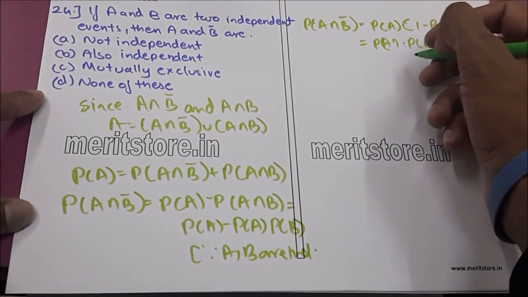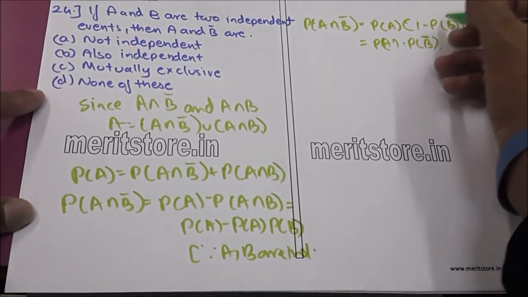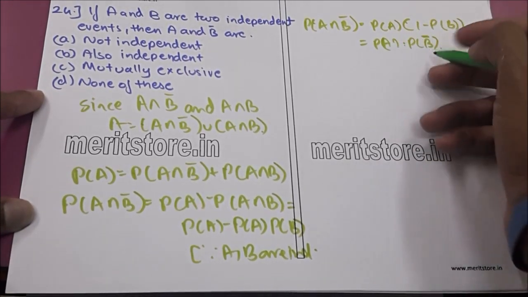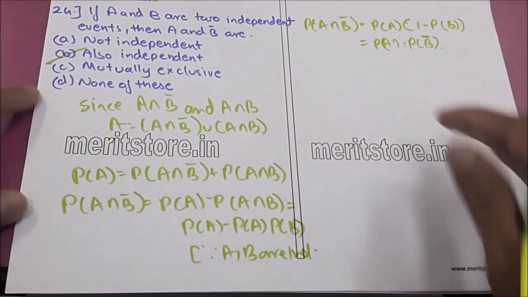So A and B bar are also independent. Therefore answer B is the correct answer.